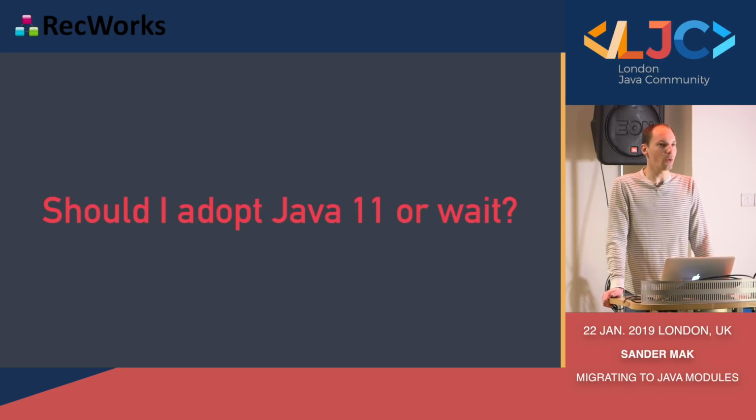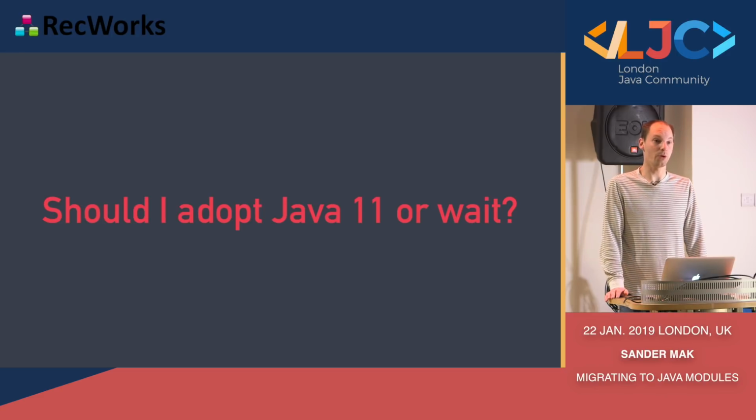So, of course, one of the big questions is, well, should I move to Java 11? Well, I don't know. Again, I think you should. Case in point is that Oracle JDK doesn't have any free public support anymore.